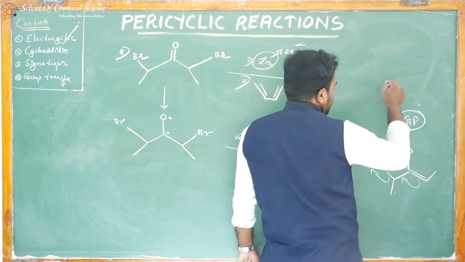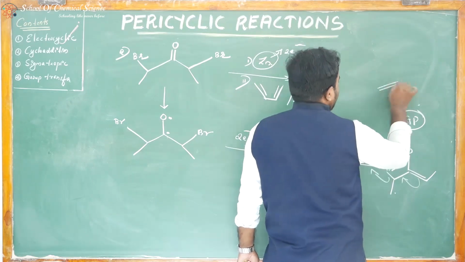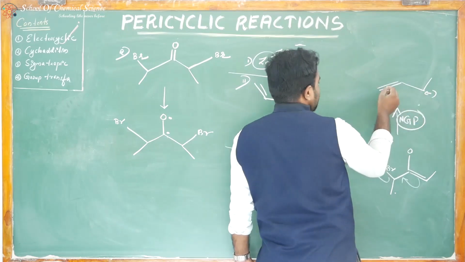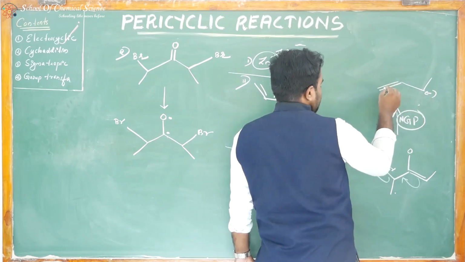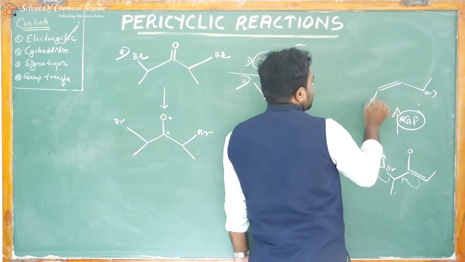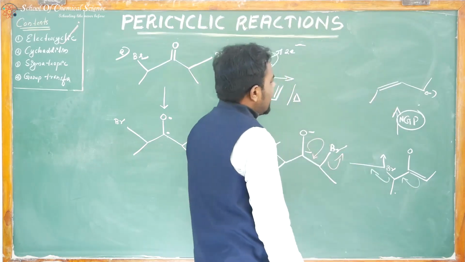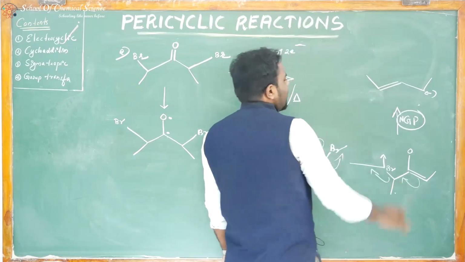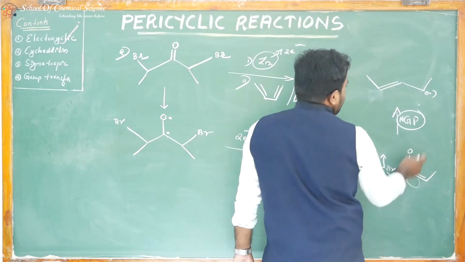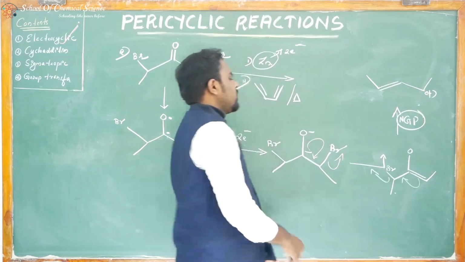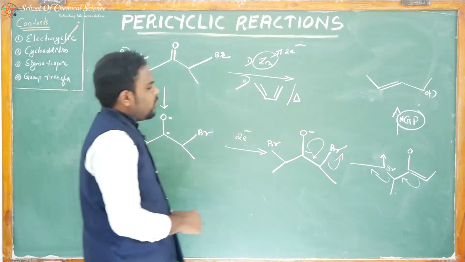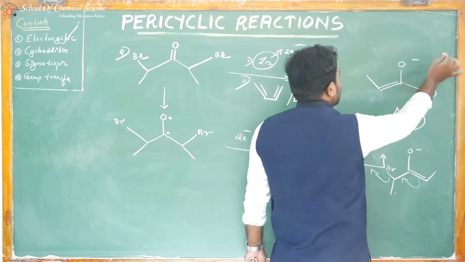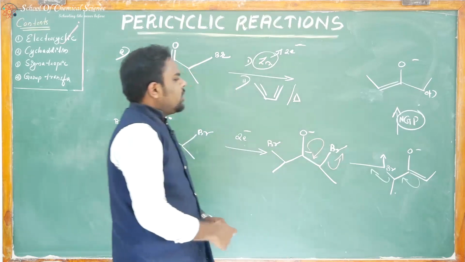So your product has a double bond, so an allyl cation will be formed, stereochemistry is not at all important. So an allyl cation will be your product, an allyl cation with an O minus also there. So this will be your product.